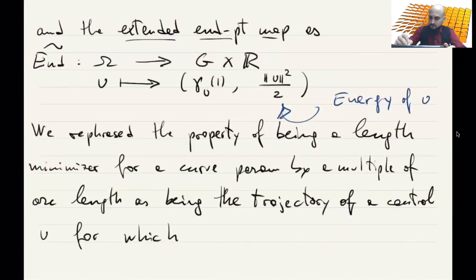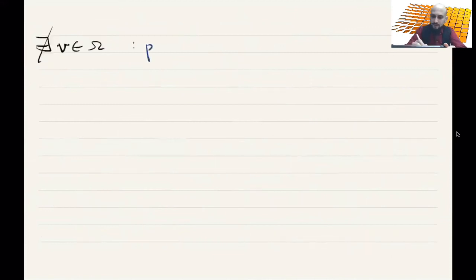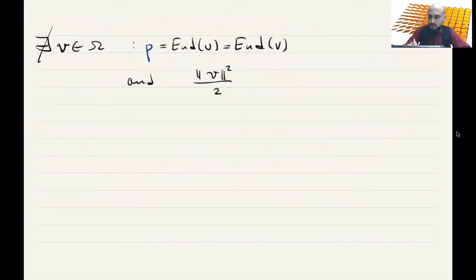So maybe let's just write here for a curve, say from 1 to a point P. If P is the endpoint of U, but also the endpoint of V, and V would be such that the energy of V would be smaller than the energy of U.